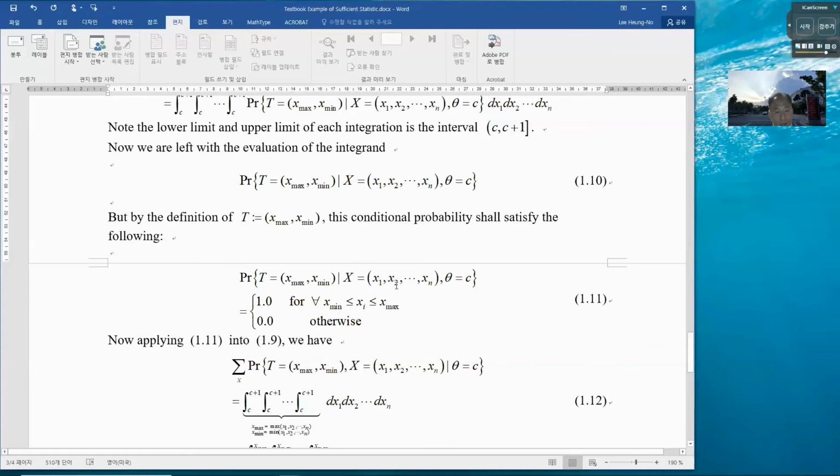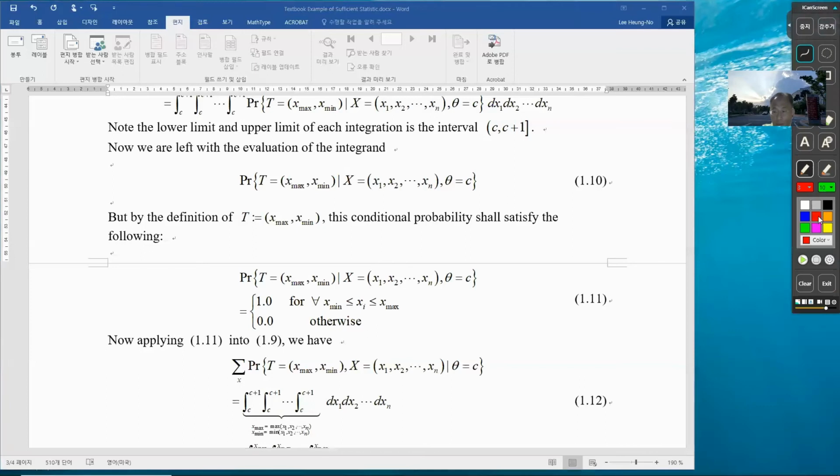When x1, x2, xn, so for example, xn is 0.9. Let me see. Just hold on a sec. So I don't think I have written down the example here. So let's suppose that x max is 0.9. X min is 0.55, for example, right?